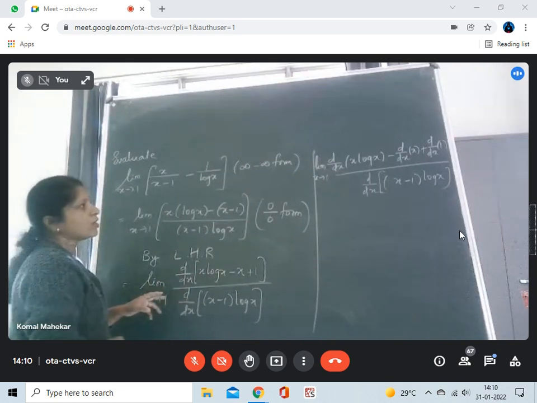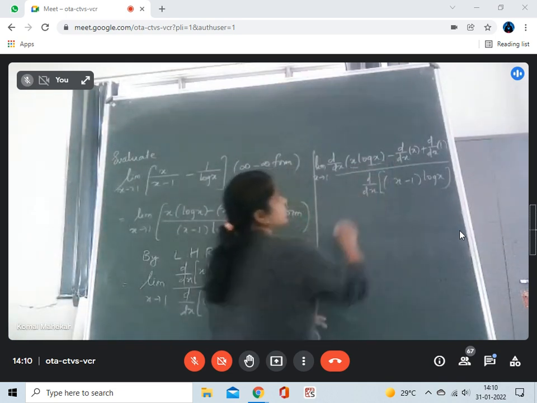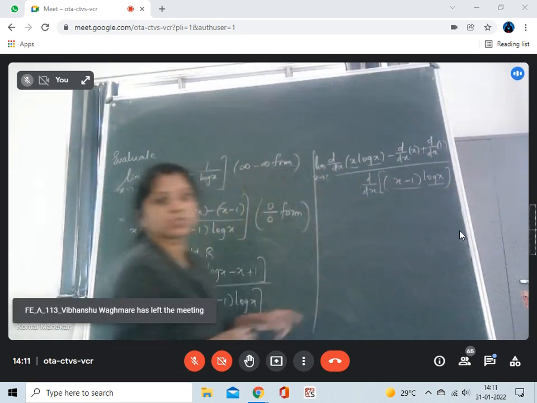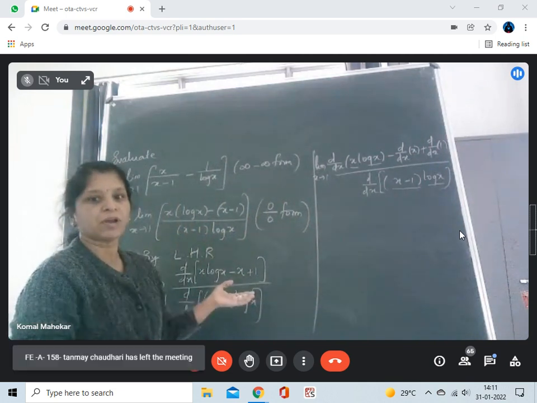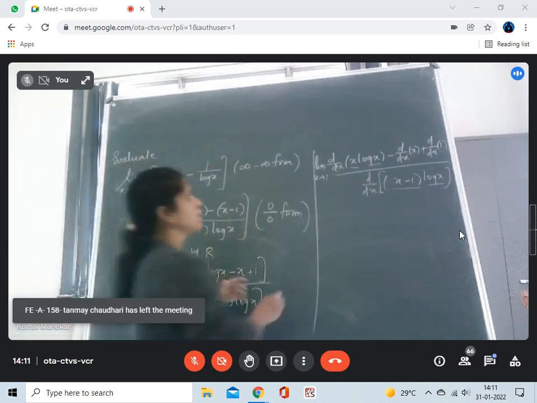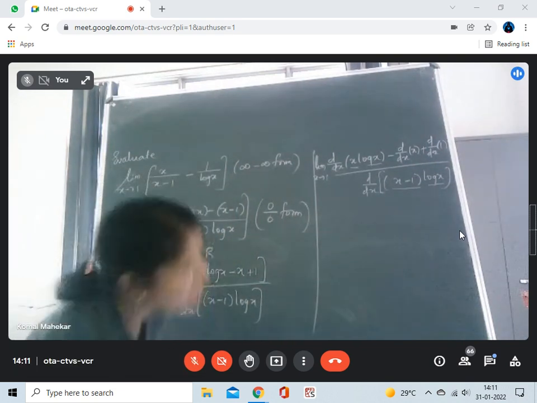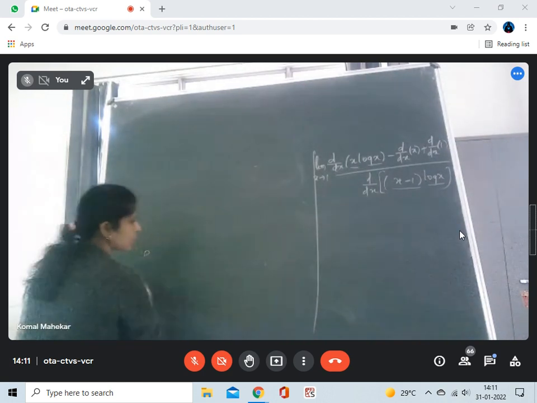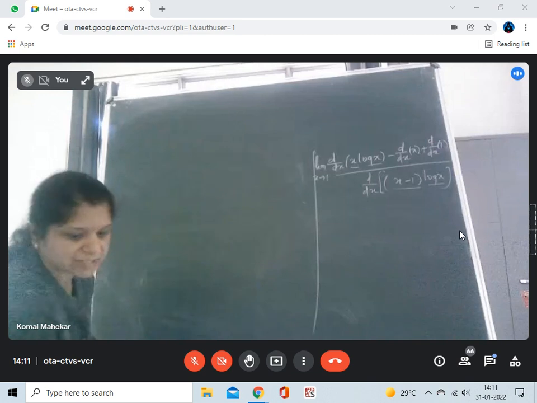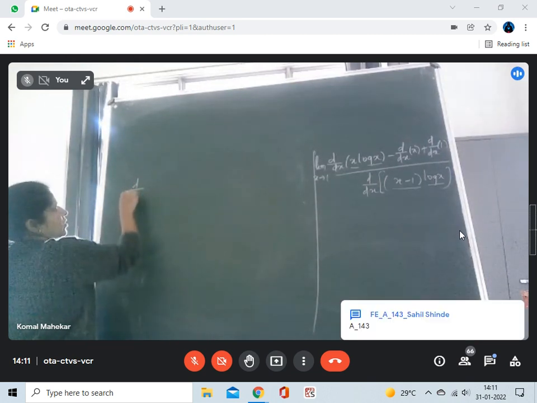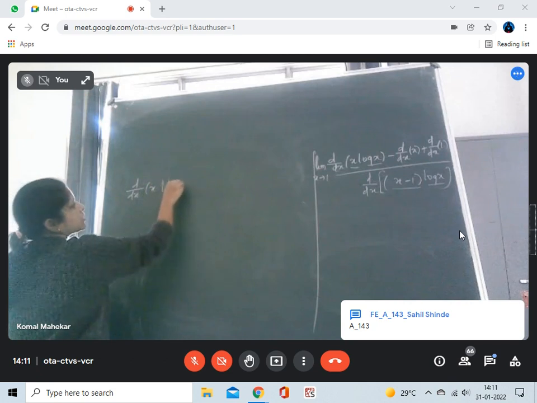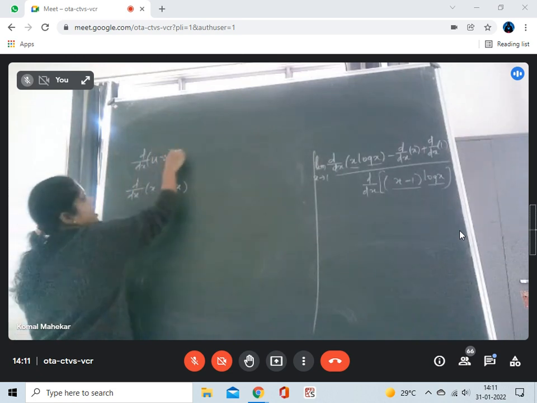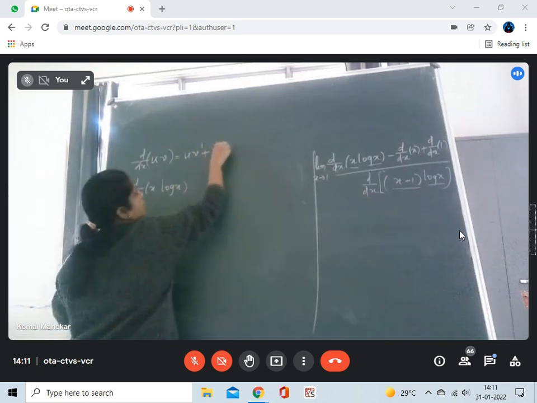Now for the derivative of x into log of x, we will apply the product rule. Similarly, for the derivative of x minus 1 into log of x, we will use the product rule. We know the product rule: d by dx of uv is given by u into v dash plus v into u dash.